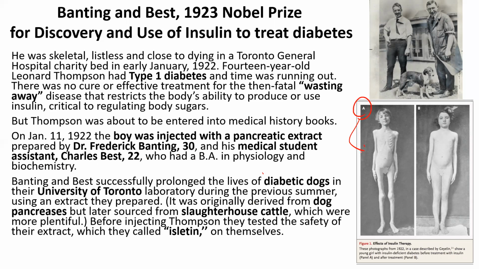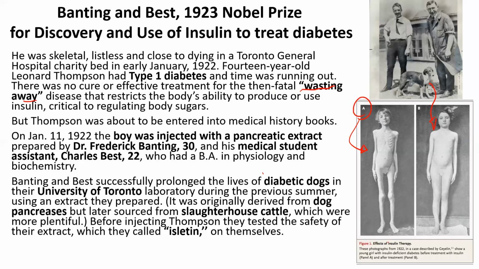Here's a girl who is wasting away, this wasting disease, okay? With dog or cattle insulin, all of a sudden, poof, the cells are able to absorb glucose, okay? And it gets converted into fat, and the child survives.